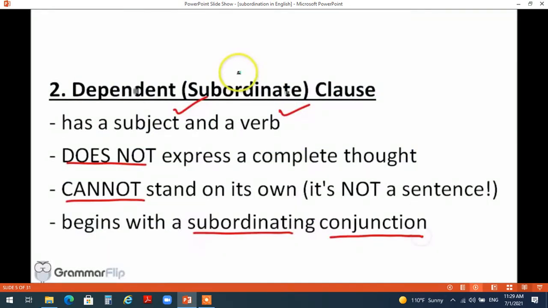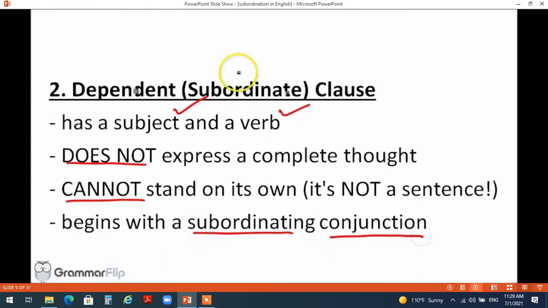Now, you can see here what we have in dependent or subordinate clauses. Of course, since we have a clause, then we have a subject and a verb. ما دام عندي clause، إذن لابد من وجود الفاعل والفعل. Doesn't express a complete thought. إحنا قلنا إنه العبارة الفعلية التابعة أو غير المستقلة لا تعبر عن فكرة أو معنى متكامل.